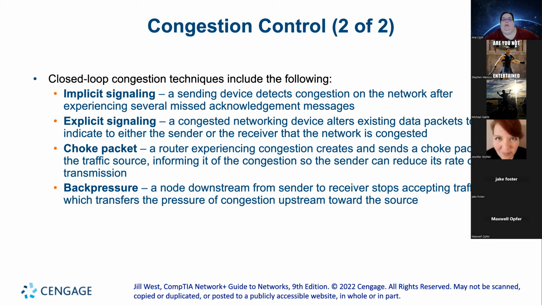Choke packet. A router experiencing congestion creates and sends a choke packet to traffic source, informing it of the congestion so the sender can reduce its rate of transmission. And then back pressure, and this is a node downstream from the sender to receiver stops accepting traffic, which transfers the pressure of congestion upstream towards the source.